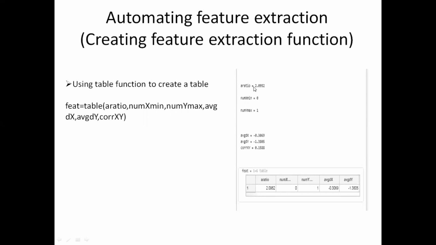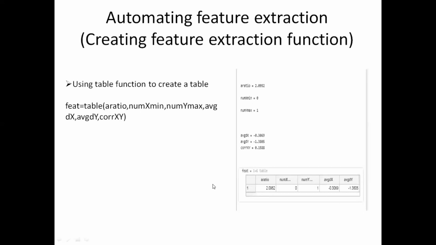You can see here these are the values that we obtain for the given data set: the values of aspect ratio, number of x minimum, number of y minimum, y maximum, and then average dx, average dy, and correlation. This table command puts all those values in this table format.